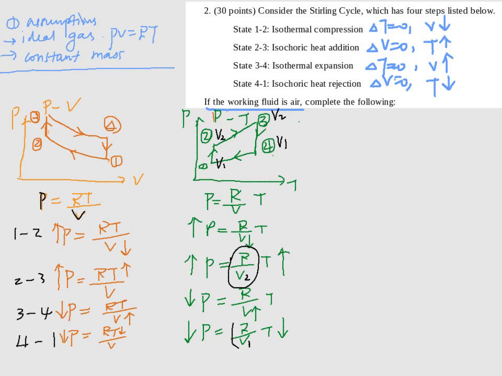Okay, so if you compare these two, since V1 is bigger than V2, R/V1 is going to be smaller than R/V2. So R/V2 is bigger than R/V1, so that tells us that this slope here is going to be a little steeper than the other one.